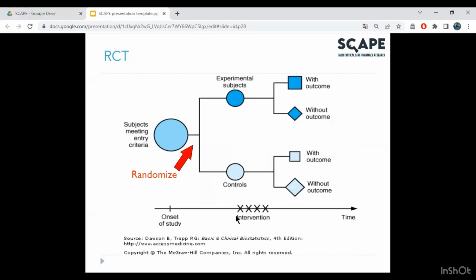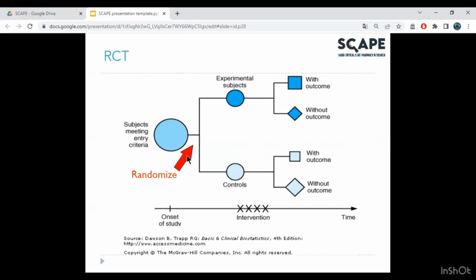This is the typical design for the RCTs. By the way, RCTs have many other designs. It may reach 10 or 15 other designs different from this typical one. Here we start with the subjects meeting entry criteria.